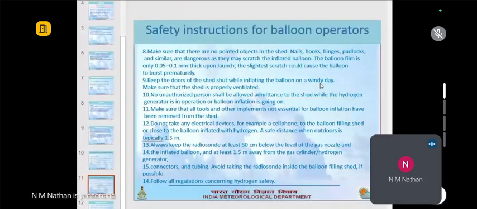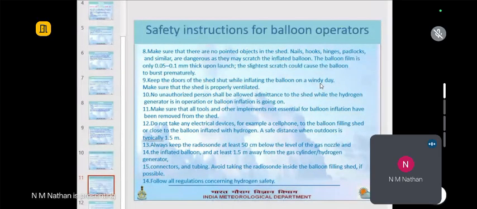The hydrogen shed should be properly shielded, and only suitable lighting should be used. If you use a normal type of bulb, it can ignite through arcing. To avoid that, we use covered sealed bulbs only.